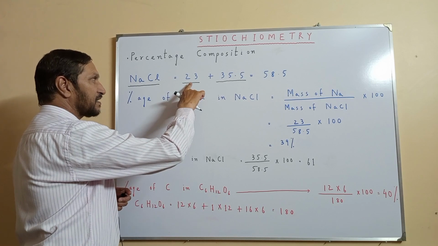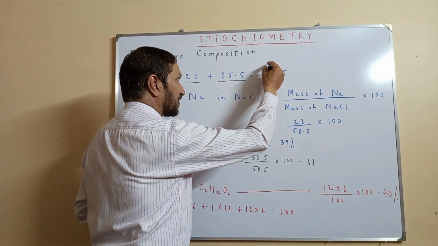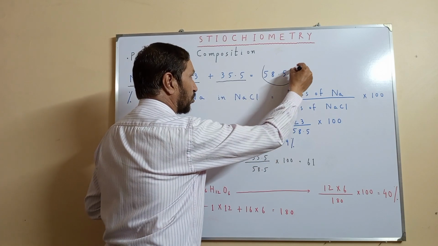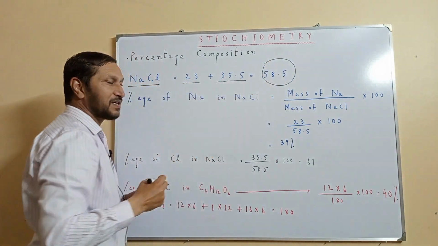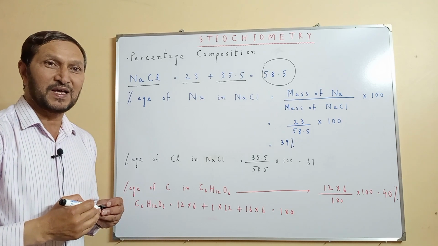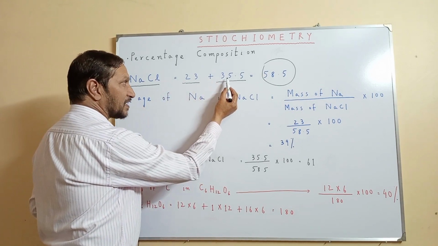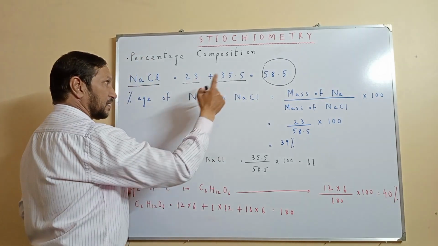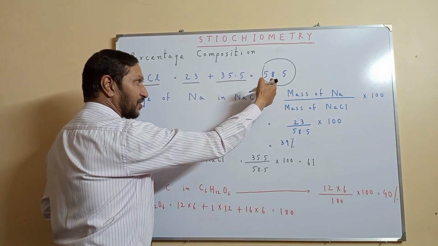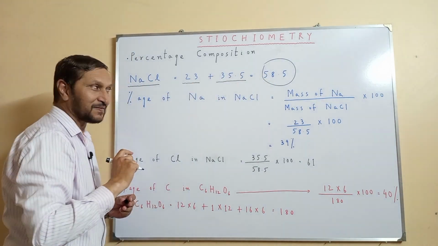When we add these two, we calculate the molar mass or formula mass of sodium chloride, that is 58.5. So here 23 plus 35.5 is equal to 58.5. This is the molar mass or formula mass of sodium chloride.